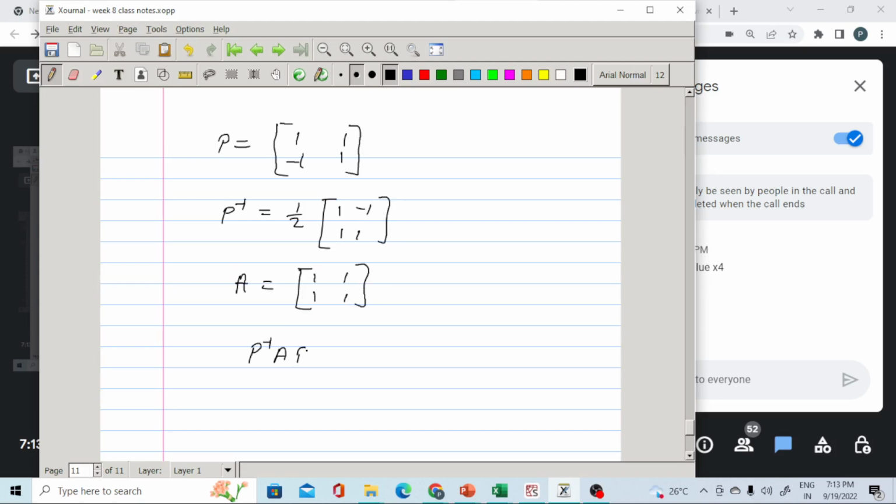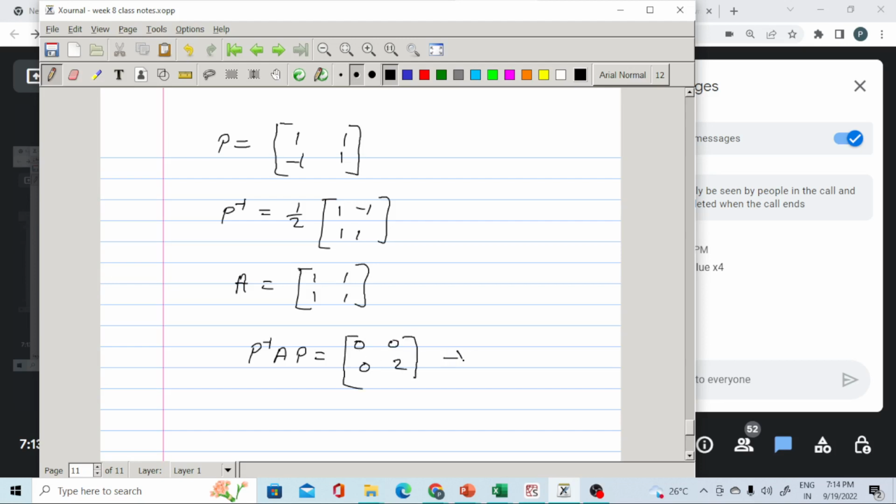So this is the formal way of showing A is diagonalizable. We write P using the eigenvectors and find P inverse of AP. You can just calculate the value of P inverse of AP, and what you will get is 0, 0, 0, 2.